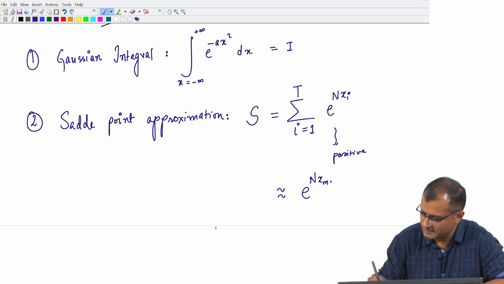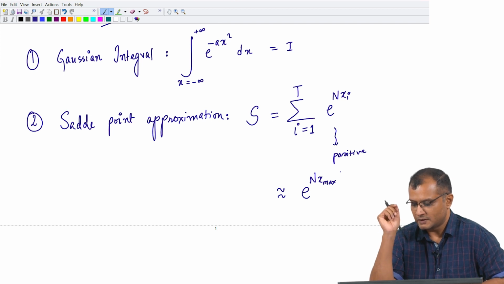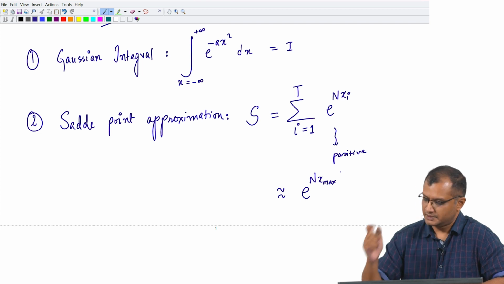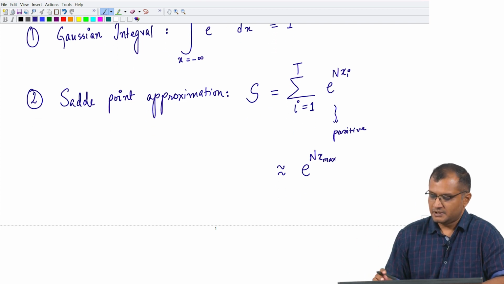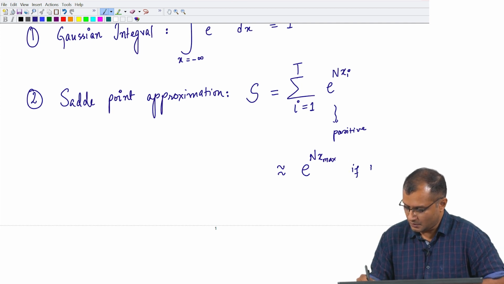So, suppose the maximum term in this expression is e to the power n x max, then I can approximate the entire sum with the maximum of the terms if n goes to infinity.